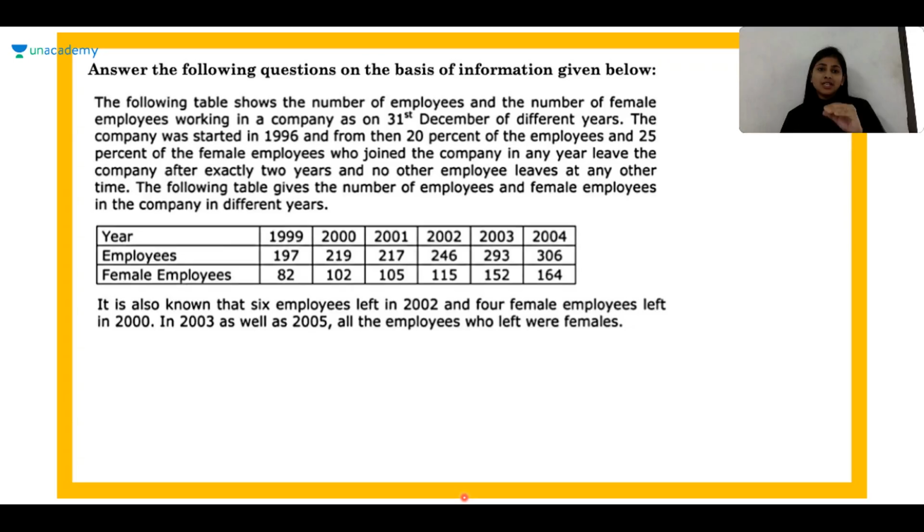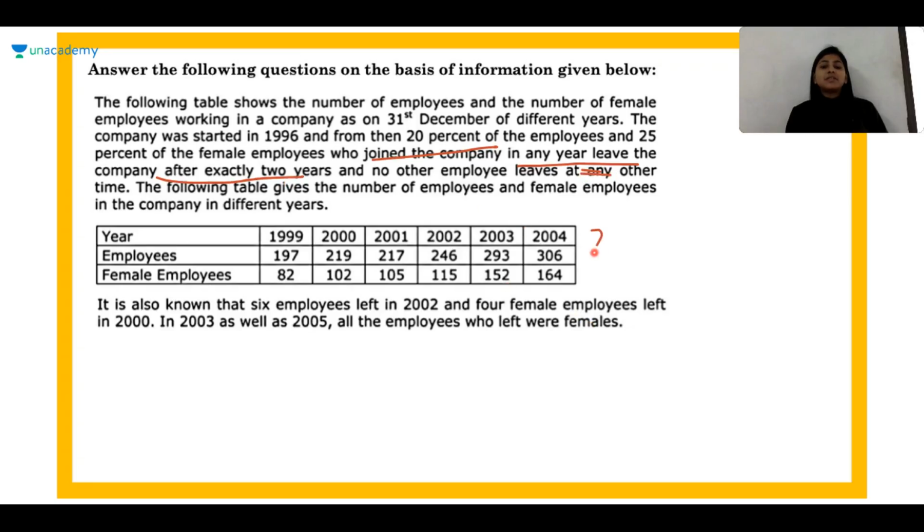Whoever joined in any year left exactly after 2 years. Anybody who joined the company left after exactly 2 years. 20% of the employees who had joined and 25% of the female employees who had joined leave exactly after 2 years, and no other employees leave at any other time.